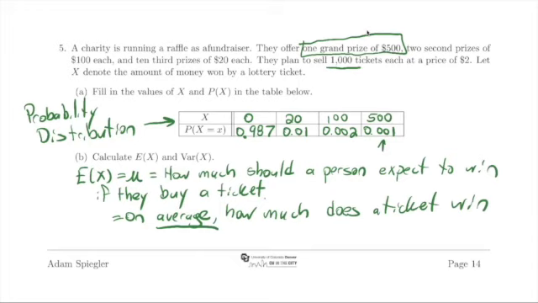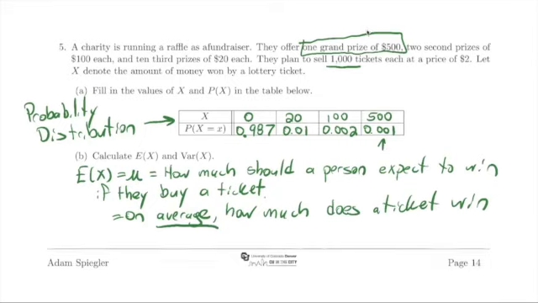And we can calculate this using the definition. We're going to sum over all possible values of x. What are the possible outcomes and how likely are each of those outcomes?